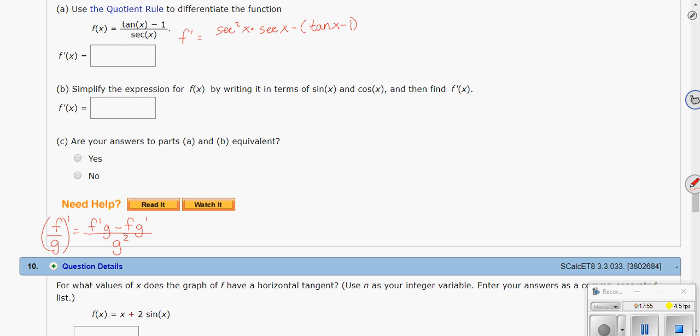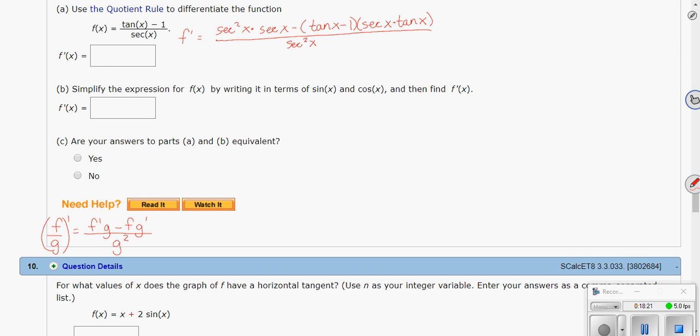The derivative of secant x is secant x tan x. Okay. And then all of that is over secant squared x.